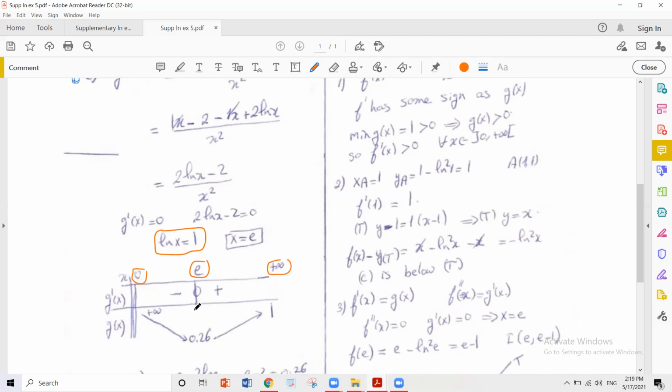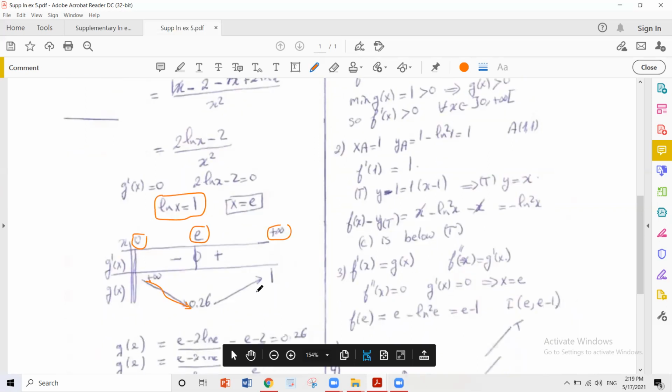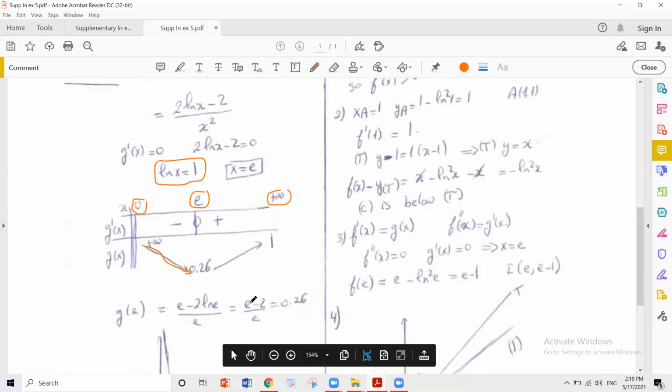So negative here, positive here. Negative means decreasing, then it is increasing. g of e equals (e minus 2) over e, equal to 0.26.